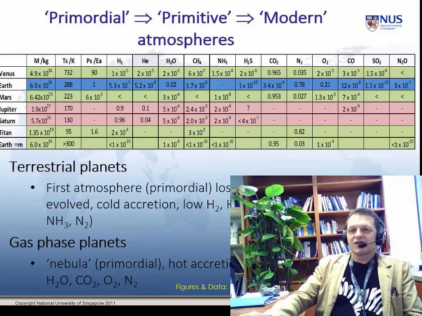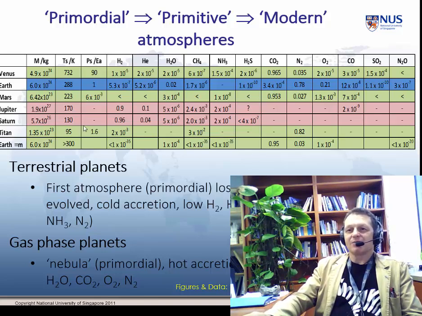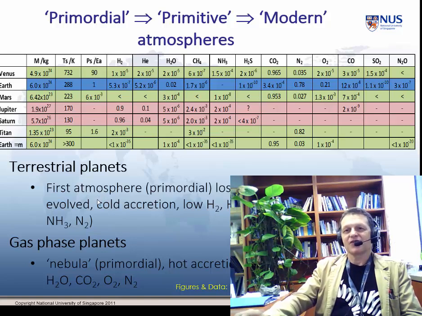Now, we have two types of atmosphere from two types of planets. You've got the gas phase planets, the pink ones. Mostly it's nebula type material, a bit like our primordial atmosphere. Then you have the primitive atmospheres of the terrestrial planets, somewhat different.